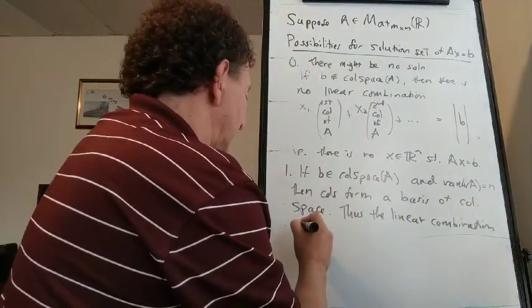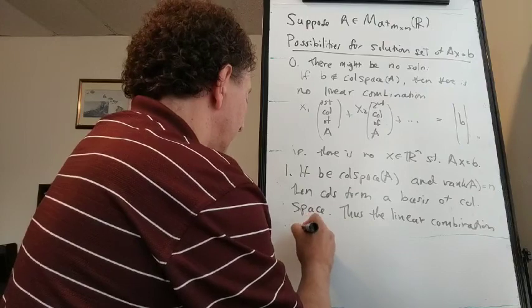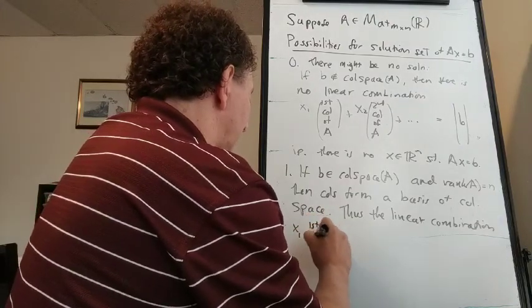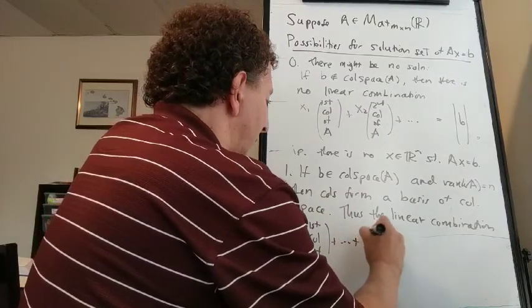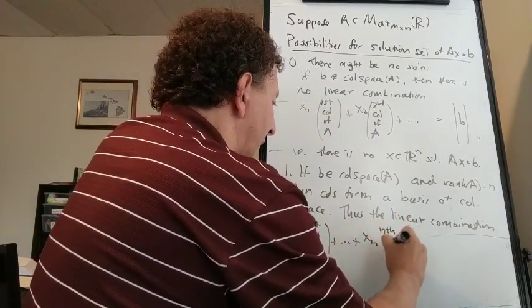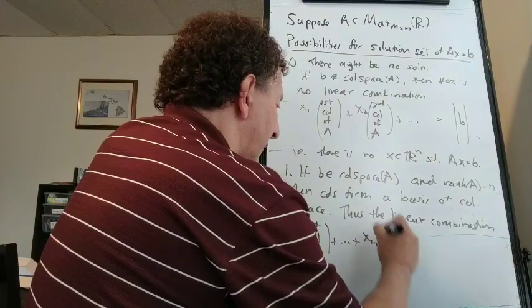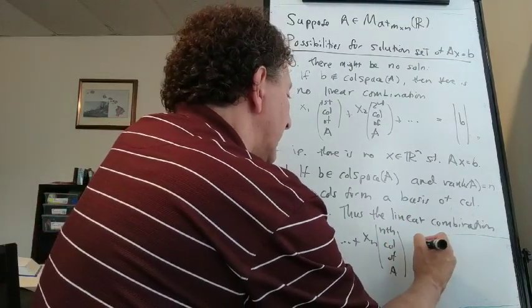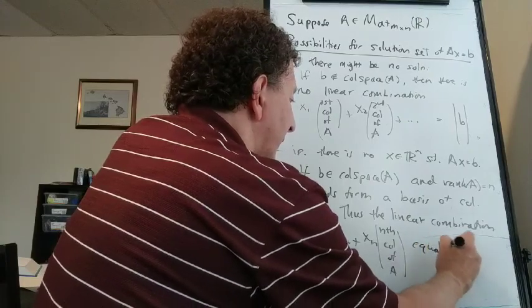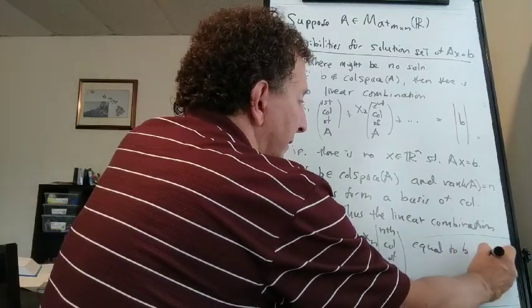So the linear combination x1 times first column of A, etc., this has to be unique.